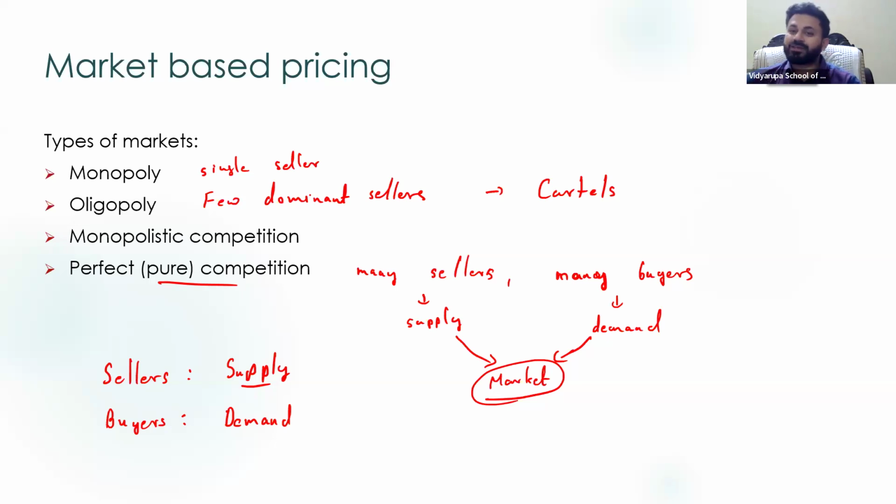Similarly, sellers also don't have control because buyers have the freedom. If one seller is not selling the item at the price they are looking for, or one seller cuts down the supply, the item will be available from another seller. So the market is not controlled by a single entity. Rather, it's purely based on the market function of demand and supply. That's a pure competition or perfect competition market.